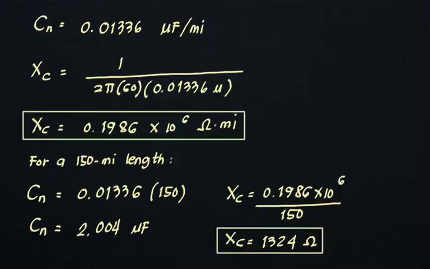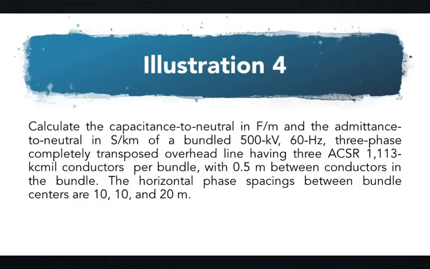Let us now try illustration 4. You might want to read the problem statement. What do you identify now to use? There is this bundled conductor.